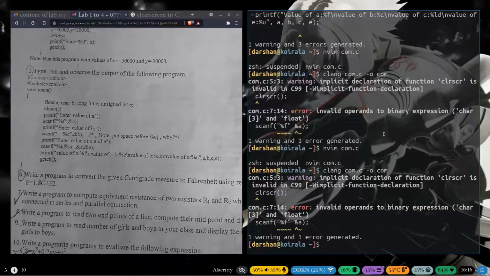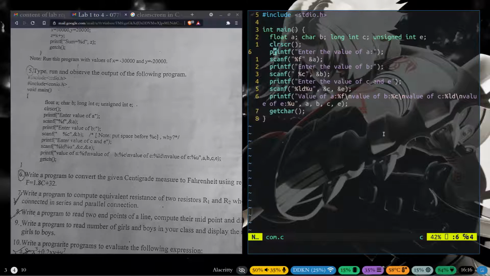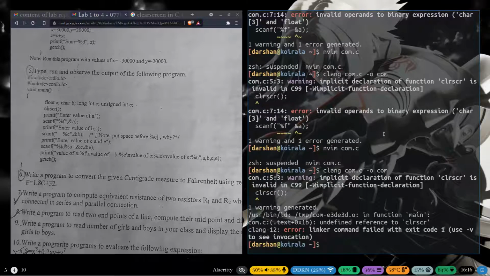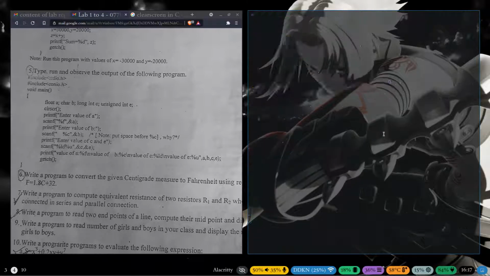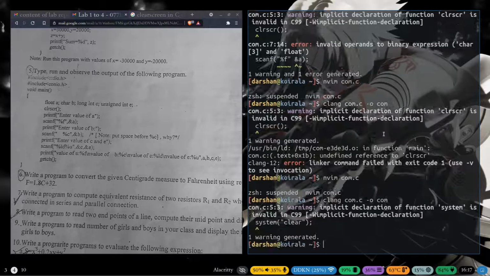It is a float, and it is %f, and oh man, I forgot that comma. So yeah, clrscr is here. It's just not working. It's system clear in a Linux system.